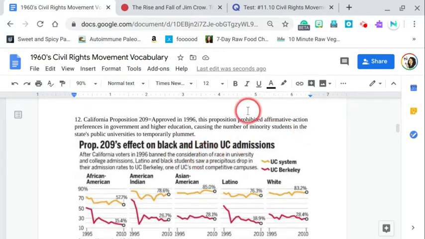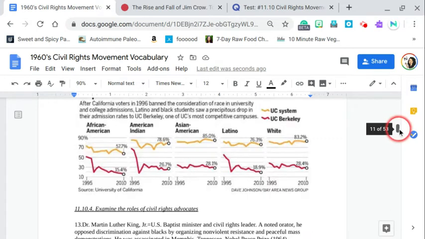Okay. So later on you have this proposition, California Proposition 209, and basically it prohibited affirmative action. The results of that we see here, this is University of California. We see dramatically how in the UC system, African Americans went from 70% to 57%. So it dropped dramatically. And even more in Berkeley, look at that, from 50% to 15%.